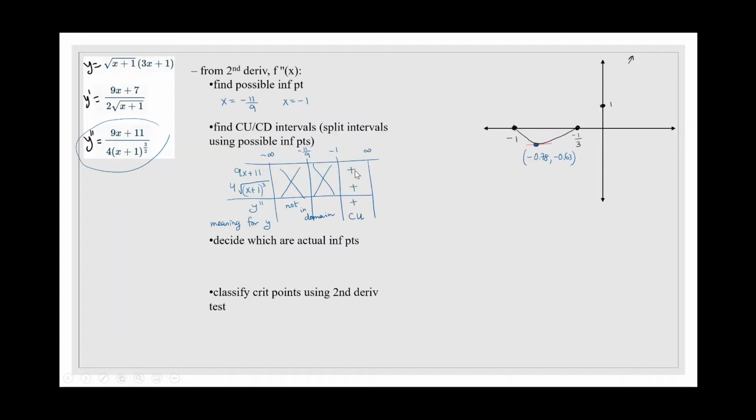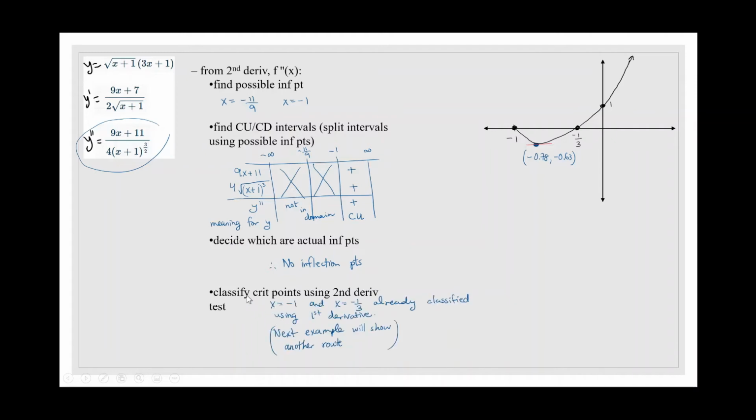And then as before, you fill in your signs and it ends up being always concave up. And so you can finish off your graph here by drawing it always concave up. The conclusion is that there are no inflection points because an inflection point only happens if you have an actual change from concave up to concave down or vice versa.